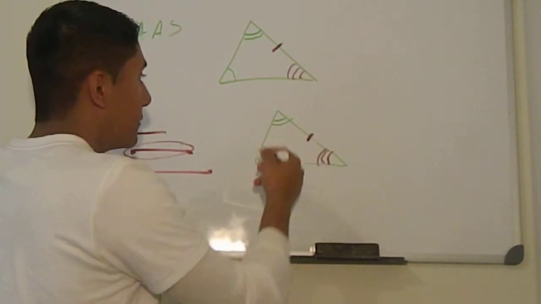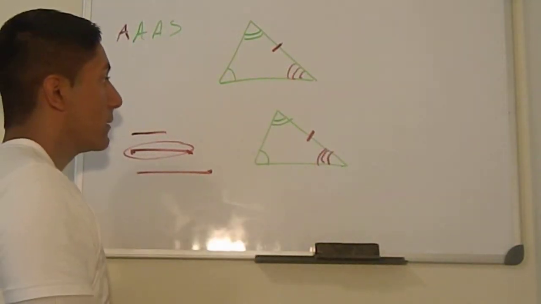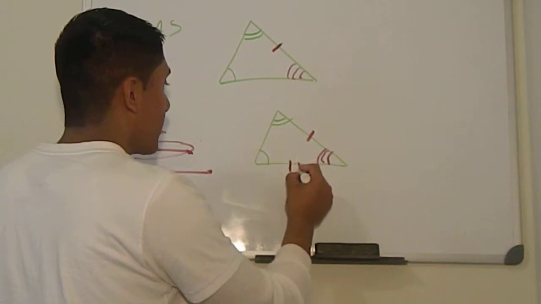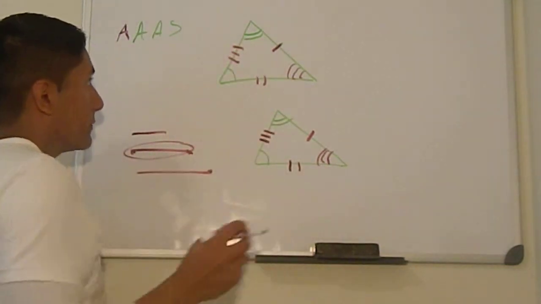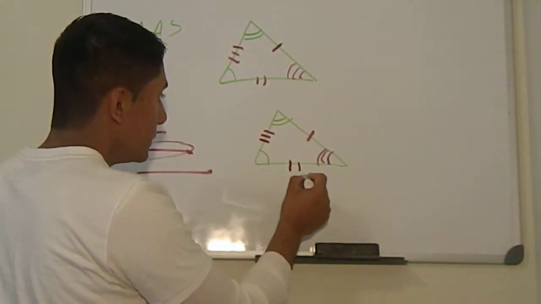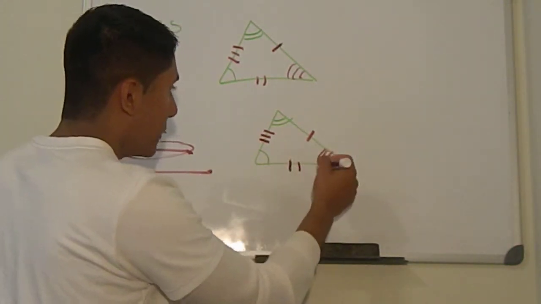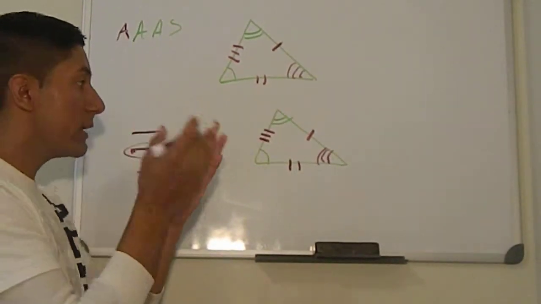So if three angles are the same and one side is the same, then you can conclude for sure that these sides have to be the same, because these angles are not ambiguous. They cannot grow and get smaller in any way.